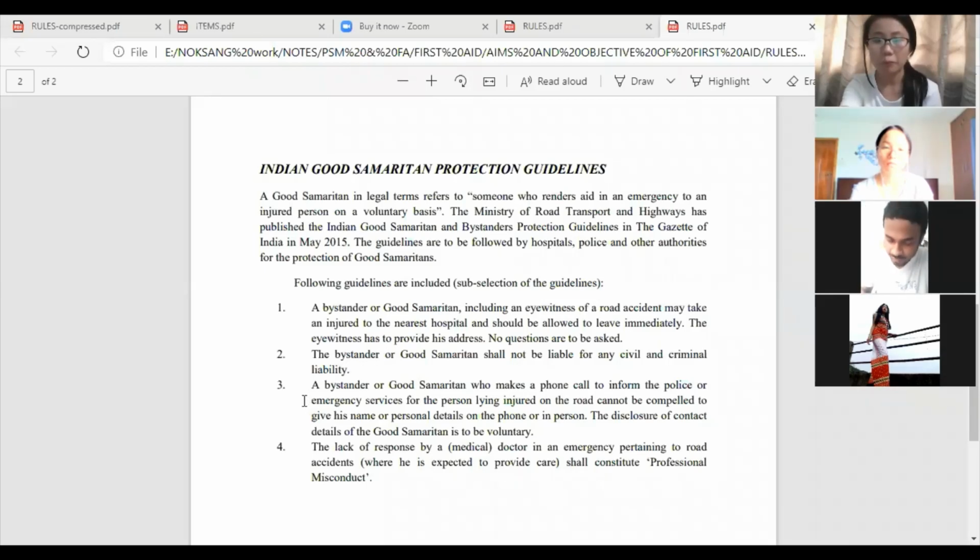The third point is that the bystander or Good Samaritan who makes the phone call for emergency help, 108, who has helped to inform the police or emergency services for the person lying injured on the road, cannot be compelled to give his name or personal details on the phone or in person.